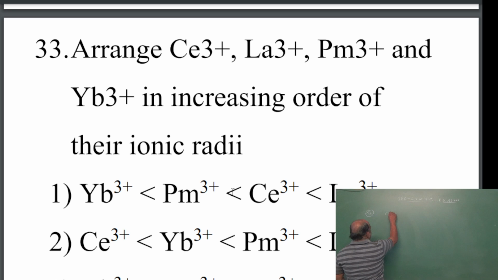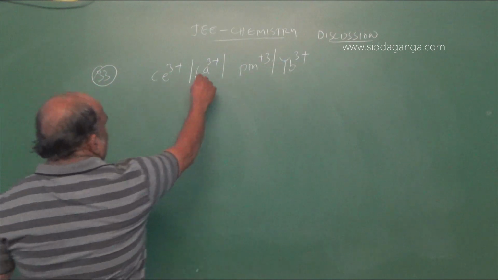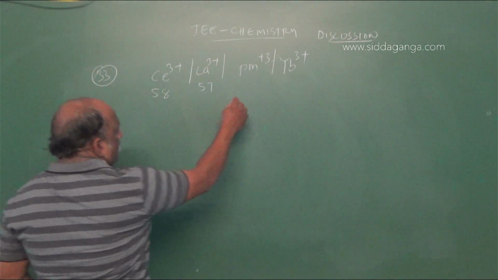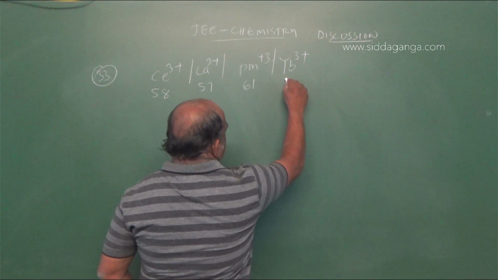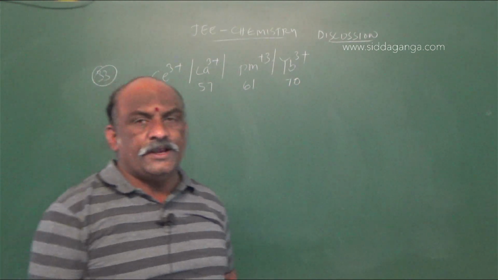Ce3+, La3+, Pm3+, Yb3+. Here the atomic number of lanthanum is 57, cerium 58, promethium 61, and ytterbium 70.